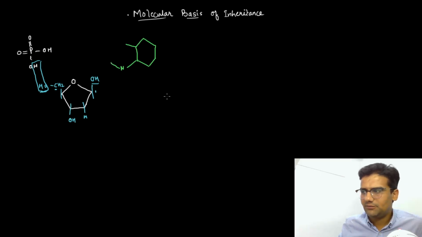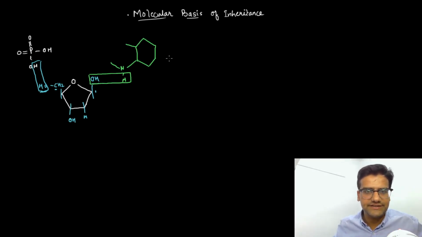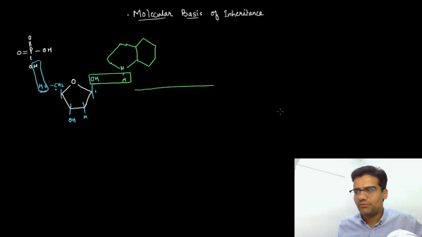The ninth position nitrogen atom combines with this hydroxyl group and forms a linkage. This linkage is basically what we call the CNC linkage. So this is the basic structure which forms the polymer.